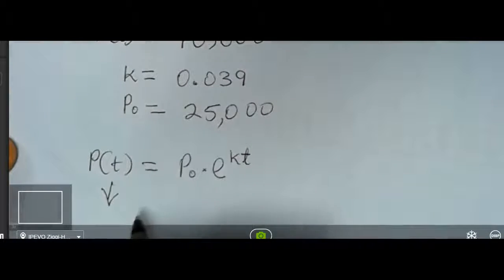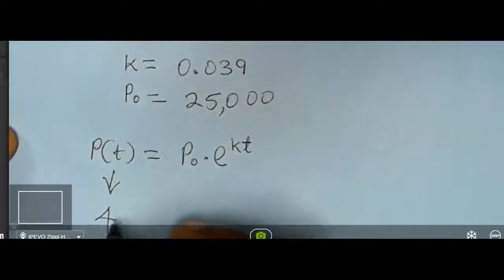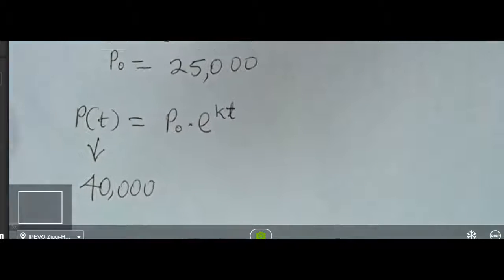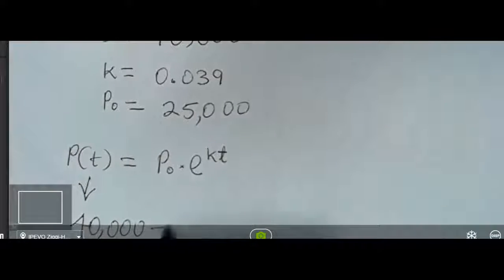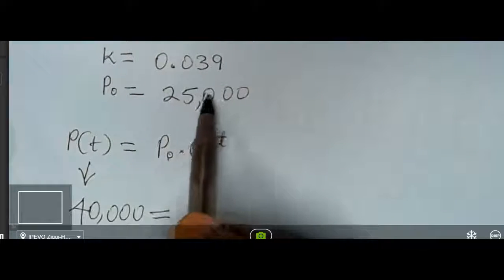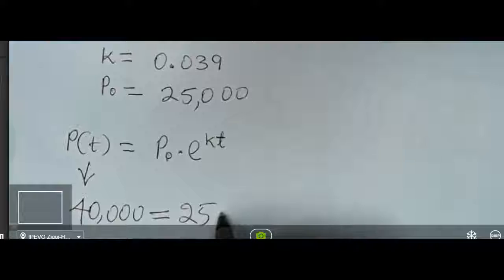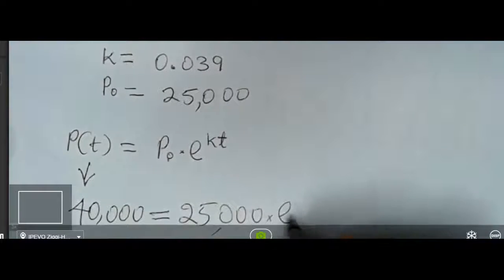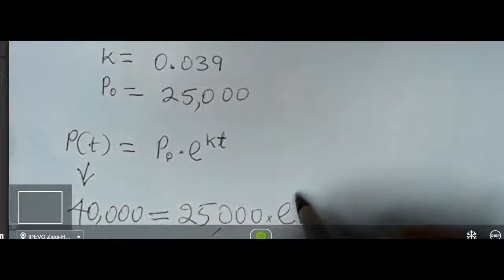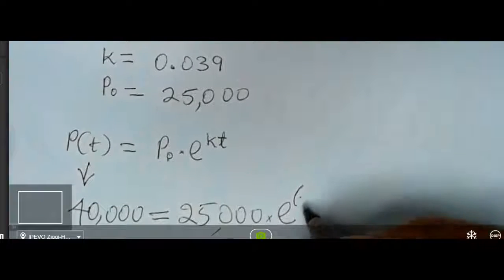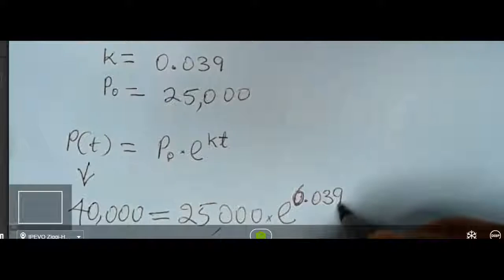So P of t we have, it is 40,000, and that equals our P0, which is 25,000, times e to the power kt, where k is the rate, 0.039, times t.